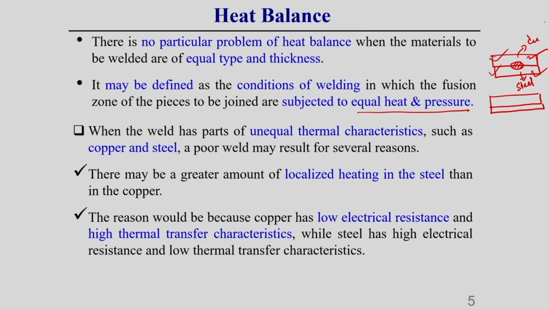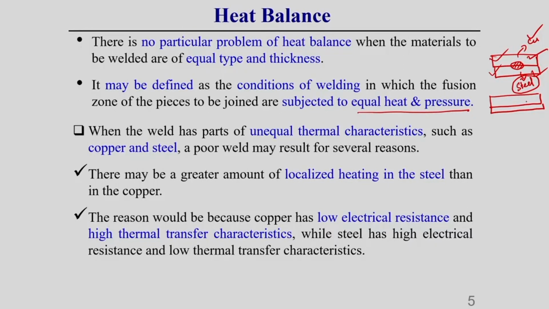Copper has high thermal conductivity and less electrical resistance, whereas steel has low thermal conductivity and high thermal resistance. So, due to this high thermal resistance, we observe that steel will have more localized heating than copper. So, for that case, heat balance is an important phenomenon.